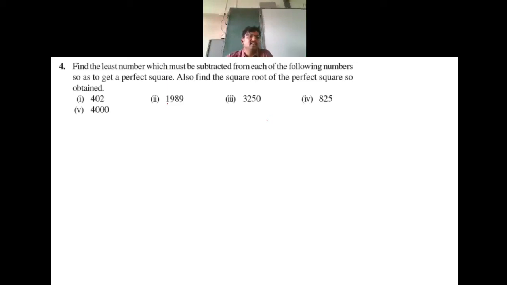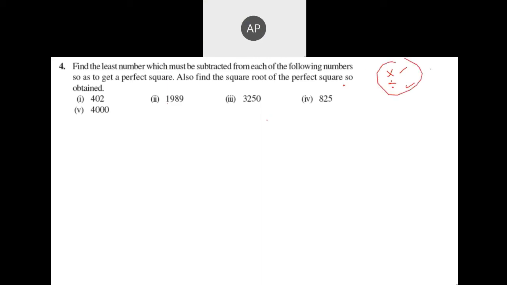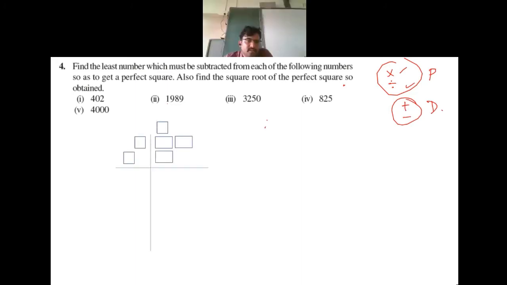In the prime factorization method, we found what should be multiplied or divided. Now in the division method, we will find out what should be added or subtracted.